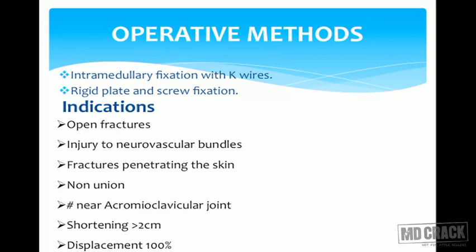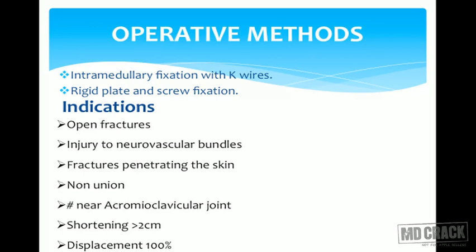If there is a non-union, it's very difficult to treat conservatively, and it has to be done by operative technique. If the fracture is very close to the acromioclavicular joint, that is the shoulder joint, we have to fix it well so that the person gets a good range of motion later on.